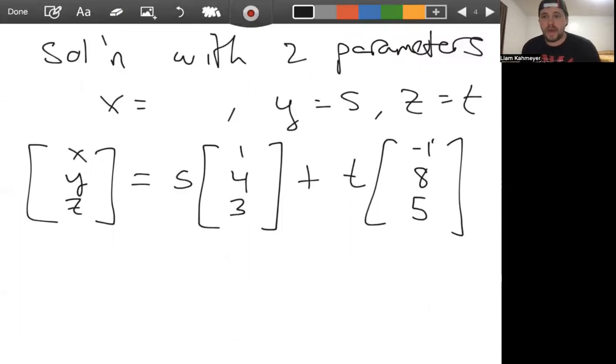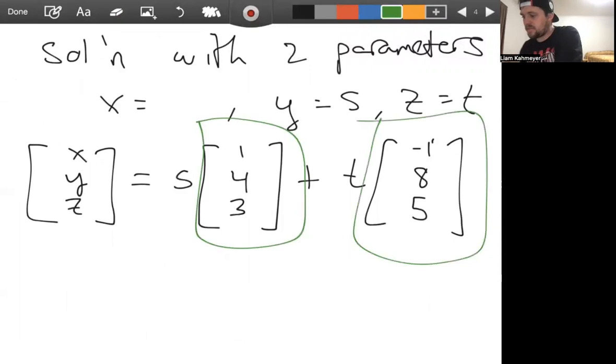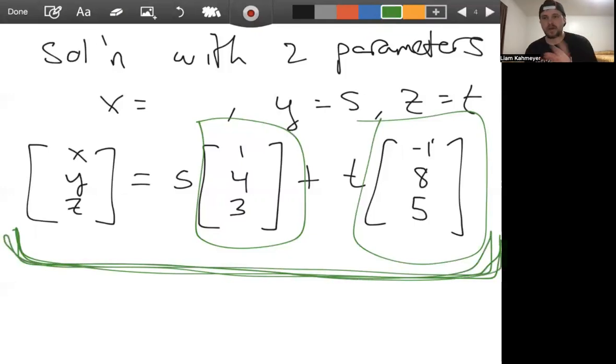So let's say we had these 2 free variables. Well, then our basic vectors, or our basic solutions, are these vectors here, right? And we have a way of generalizing when you can write a vector as a combination of other basic vectors.